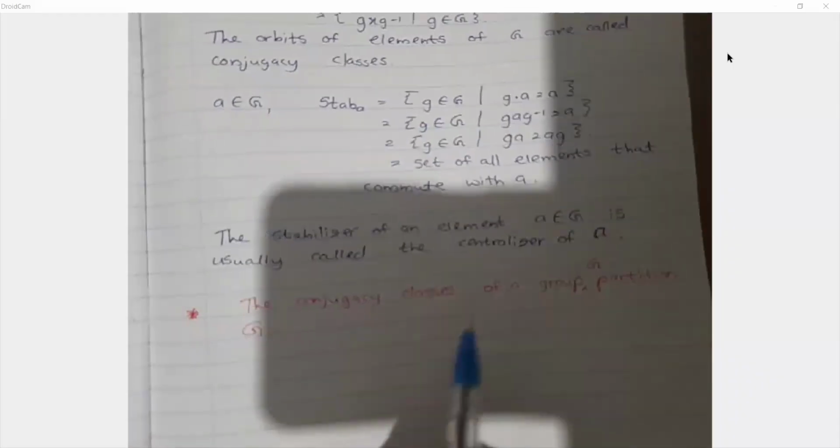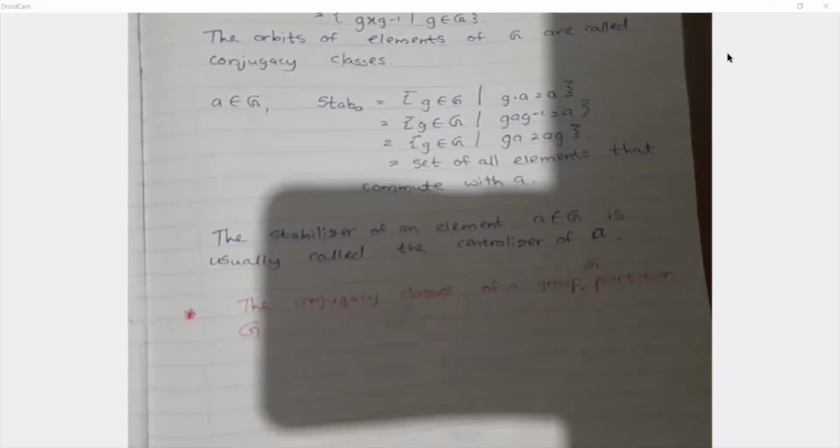And that finite number of conjugacy classes partition the given group. And we know from properties of orbits, any two orbits that you take will always be either identical or disjoint. So we can easily see that G is the disjoint union of a finite number of conjugacy classes, right? So let me write down all that information.